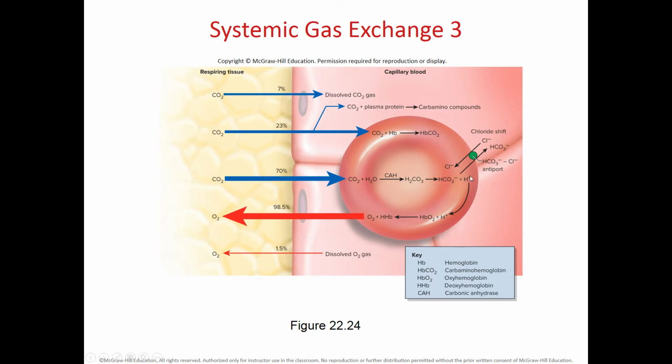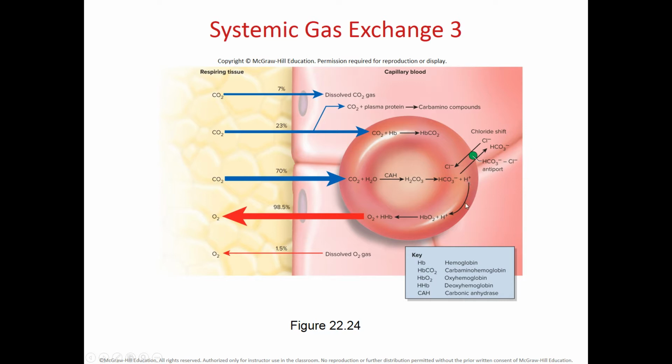At the same time, you will have a chloride shift, so you will bring in chloride ions in exchange for bicarbonate ions. This is done by a protein in the membrane of the red blood cells that is an antiport, so you can extrude bicarbonate ions in exchange for chloride ions.